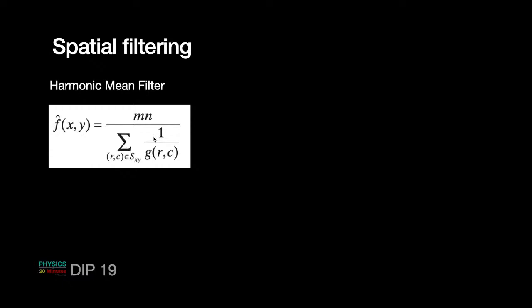When you take a reciprocal, you actually flip the intensities. But remember, this is a reciprocal of reciprocal, because this whole thing is in the denominator. So eventually you regain your intensity back. So it works for salt noise but does not work for pepper noise. So if you have salt noise in your image, then this is a very good feature.